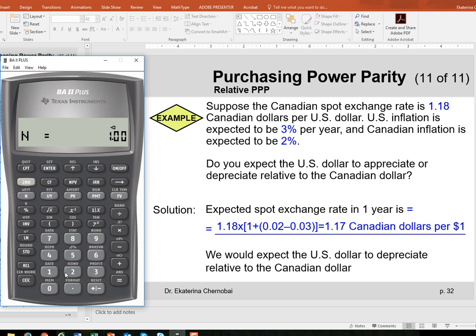And so in the calculator, I put 1, plus/minus to make it negative, and I save it as I/Y. And then I want to compute the future value. Compute FV, 1.17, just like the number I found on my slide. So the equivalent of the I/Y to compute the future value is the foreign inflation minus the domestic inflation. Foreign minus domestic.